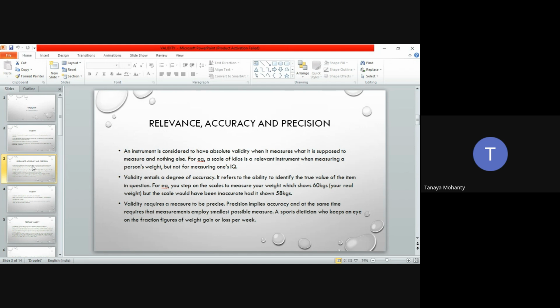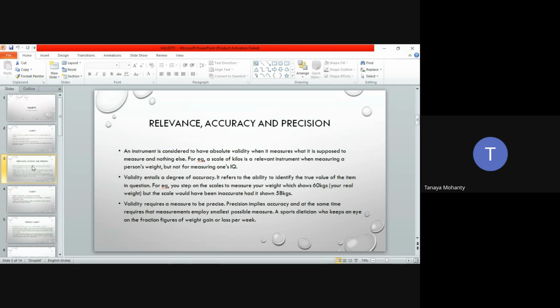For example, a scale of kilos is a relevant instrument when measuring a person's weight, but not for measuring one's IQ. When you are trying to measure somebody's IQ, you cannot use a weighing machine. You can use a weighing machine only for measuring somebody's weight. So that is the relevance of the instrument.